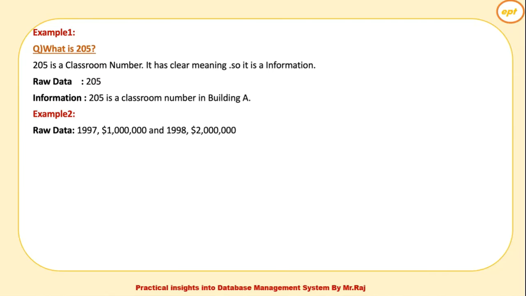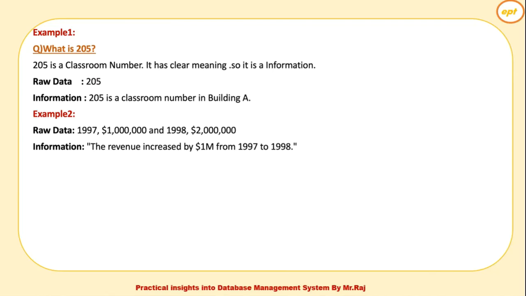The people who know the context of that raw data can give the answer; otherwise I have to give the context, and only then will you be able to answer. Now you can simply say the revenue increased by 1 million from 1997 to 1998. Now it has a clear meaning, right?